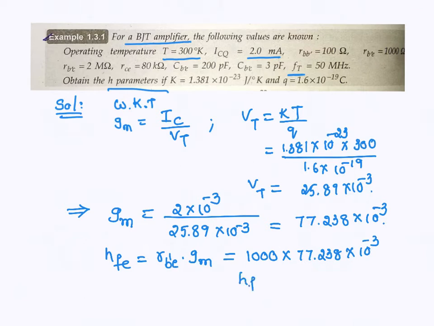So Hfe is going to be 77.2. This is the value of Hfe, and we know that Hie can be written as Rbb' plus Rb'e. These values also he has given. So 100 plus 1000, which is equal to 1.1 kilo ohm.